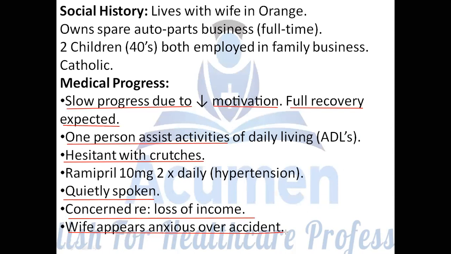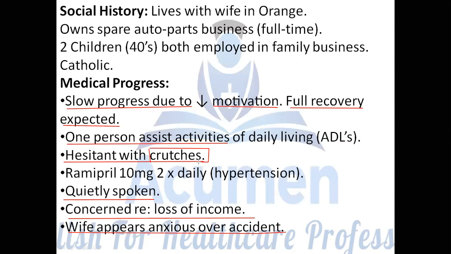Because basically, if the physiotherapist has to make him walk with crutches, it is the patient who has to do, right? So if the patient is not in a good mood, if the patient is someone who is very reluctant to do things, if they are nervous about it, depressed, then that would affect their progress. So whenever you are writing to a physiotherapist, if there is anything given about the patient's emotional issue, provide a brief overview.